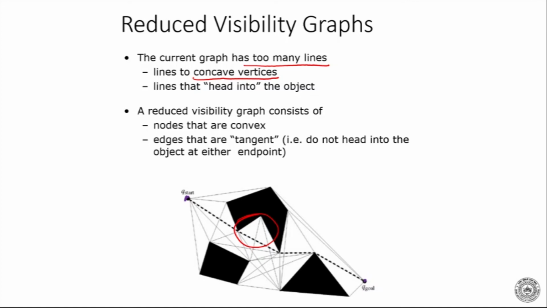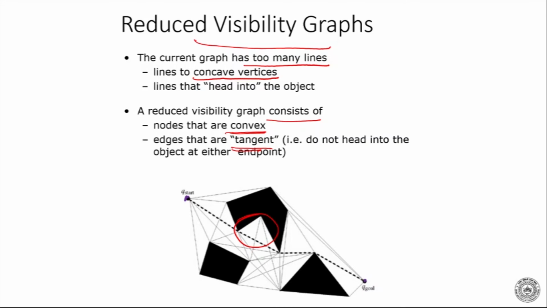They don't make it shorter. Okay, so the next step is to reduce the visibility graph, and this is called the reduced visibility graph. Okay, so a reduced visibility graph consists of nodes that are convex, edges that are tangent, and do not head into objects at either endpoint.